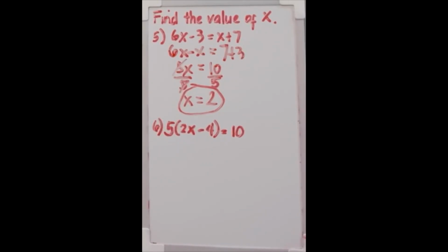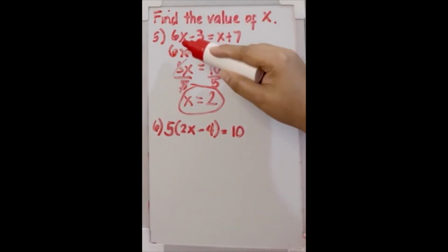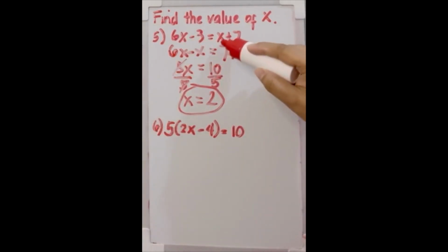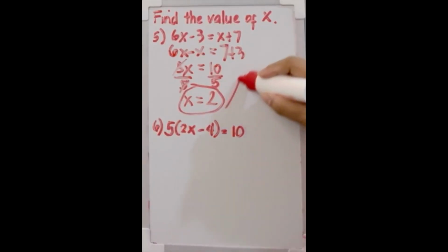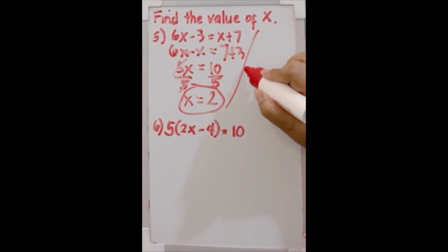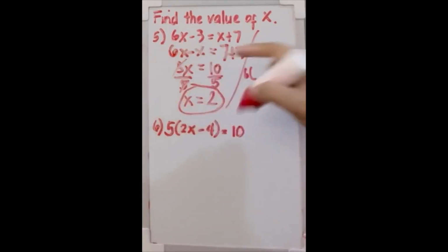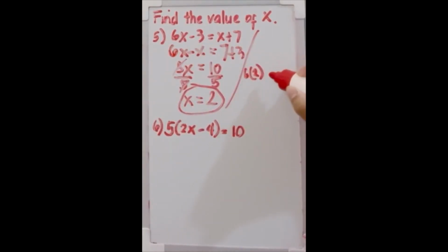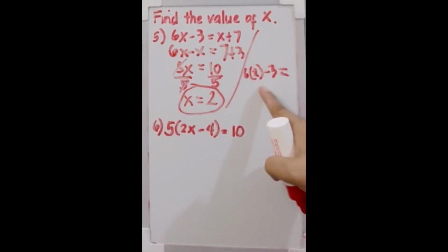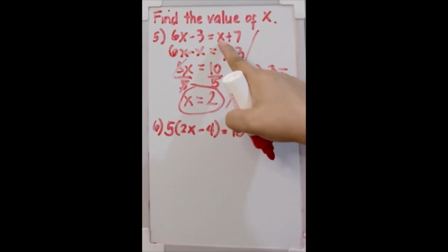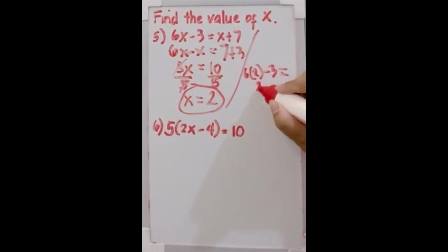Now to check whether our answer is correct, we can substitute this value in this x here and the other one here. So we will now check. We have 6 times the value of x, which is 2, minus 3, equals, we will just continue down here, x plus 7, so that is 2 plus 7.